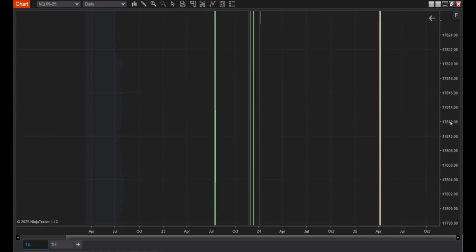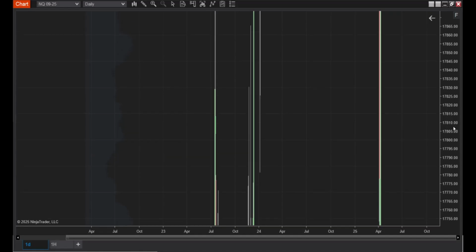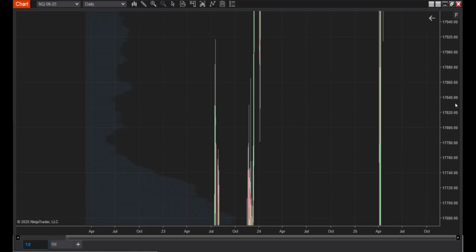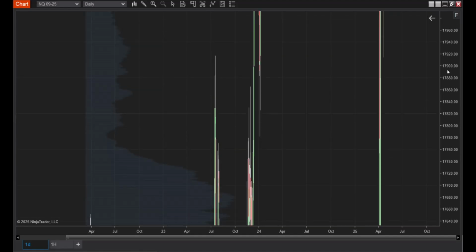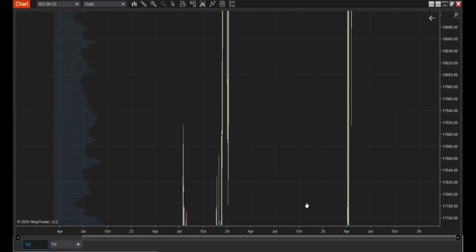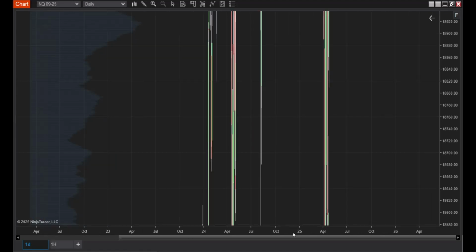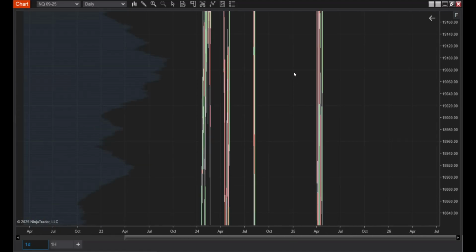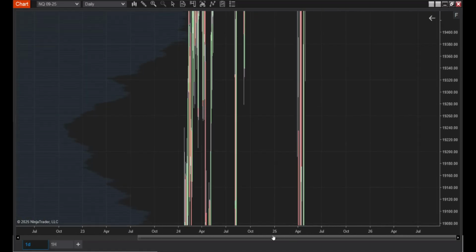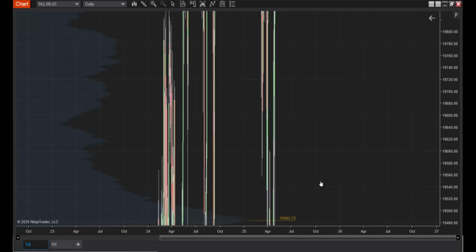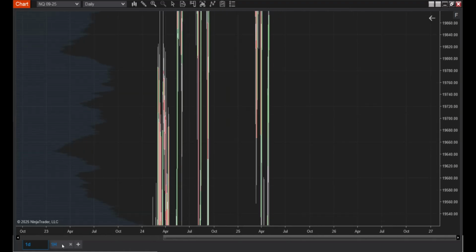Let's do this. I'll pull it down a little bit more. Now let's get to where we're closer in time. We do have the hourly chart up. Let's see, where are we on the hourly chart?